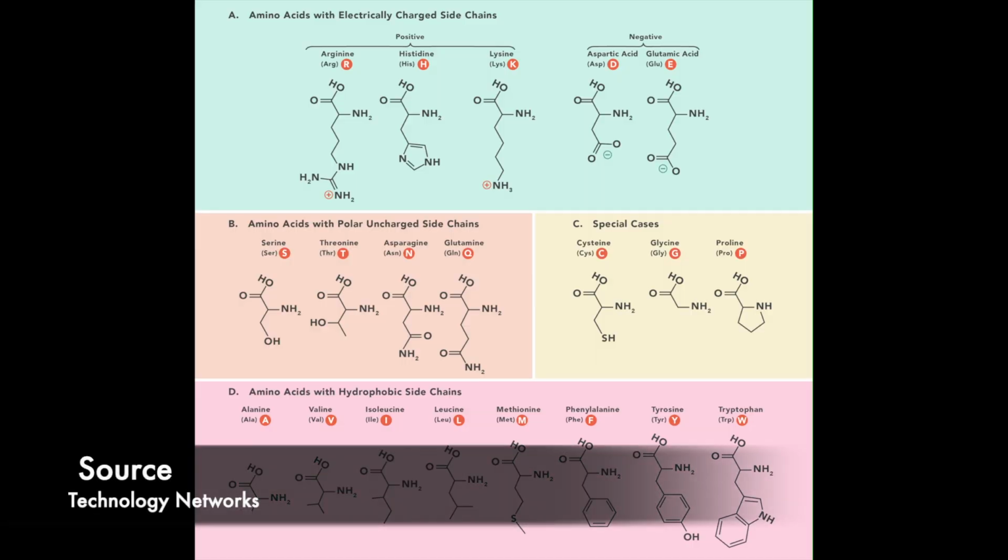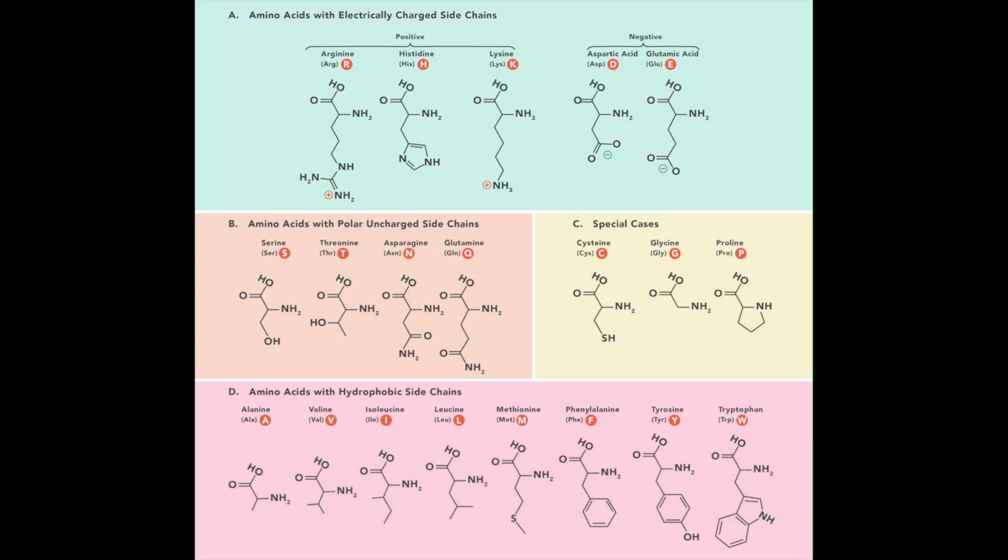OSC1 has 38 amino acids, made from the 20 canonical amino acids, which I'm showing on the screen now. As you can see, some of these amino acids have very similar chemical attributes. Some are hydrophobic, some are polar but uncharged, some actually do have a charge, and some are just kind of weird and have special use cases.